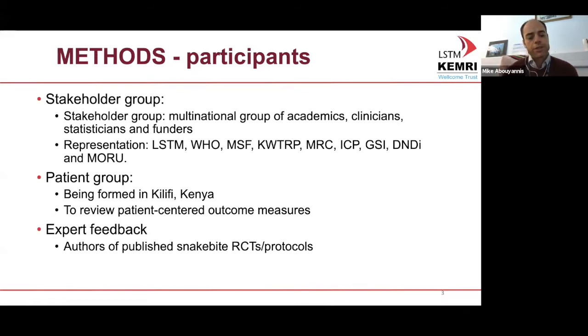There's also patient involvement, with a patient group being formed in Khalifi in Kenya. And the primary purpose of this is to feed into the patient-centered outcome measures and to make sure that patients feel that we've got these right. And we're also inviting broad expert feedback. In particular, we've approached the authors of previous snakebite randomized controlled trials and ongoing randomized controlled trials.